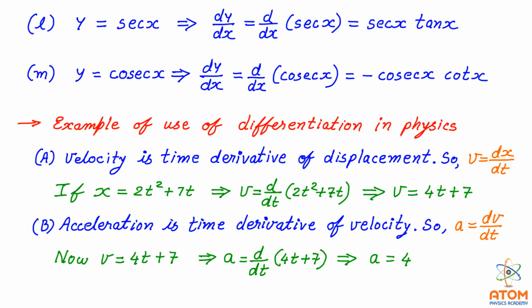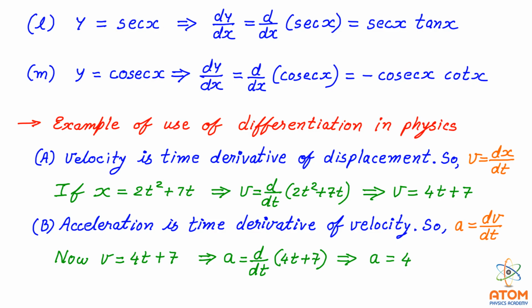Two more equations: if y is equal to sec x, then dy by dx, that means d by dx of sec x, will be sec x tan x. If y is equal to cosec x, then dy by dx is minus cosec x cot x.